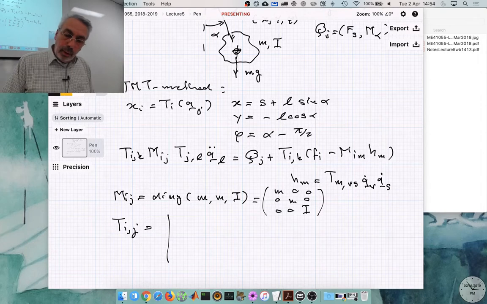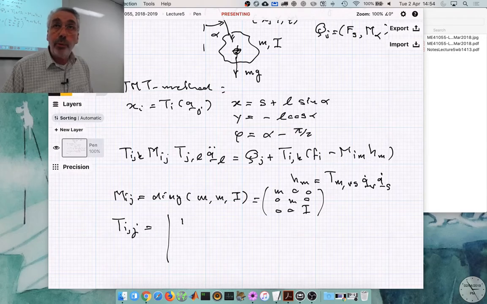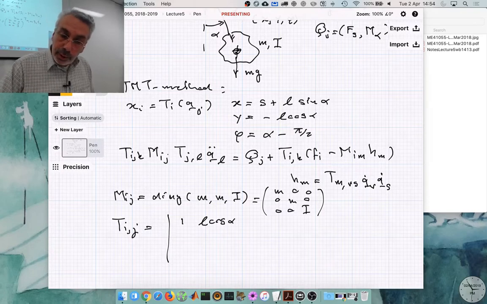Okay. The Jacobian. So we have to take this expression. We get 3 rows and we have 2 variables, so 2 columns. So the first row is differentiate with respect to s. So that's a 1. And then differentiate with respect to alpha. So that's going to be L cosine alpha, right? Then the second equation we have to differentiate with respect to s.